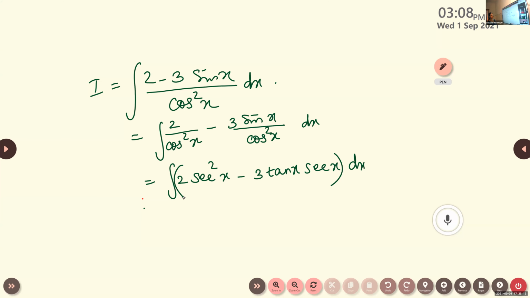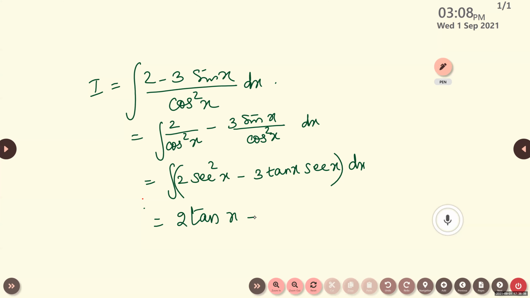Now what will be the answer? Recall it. What is the integral of 2 sec square x? What is the integral of sec square x? Tan x.